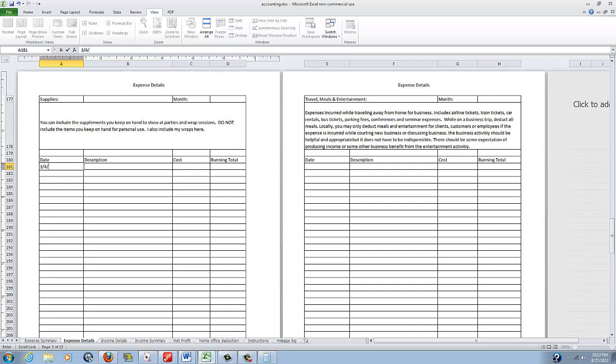We have blender bottles. We have some wraps.